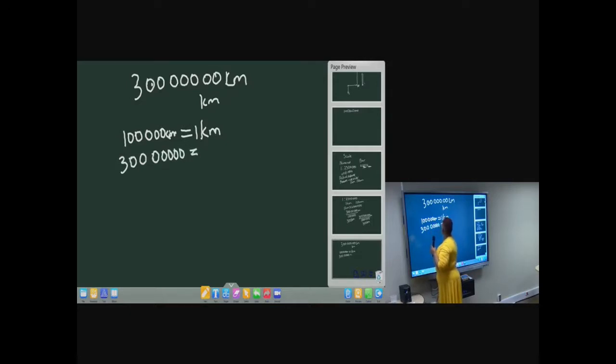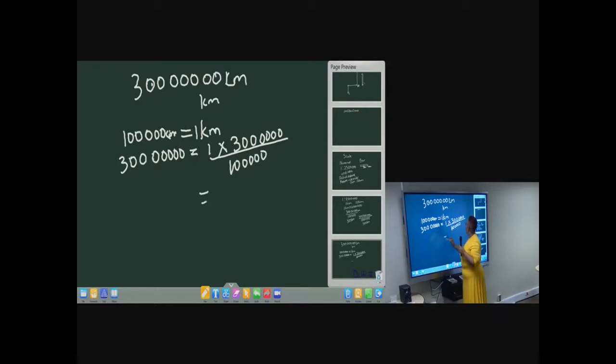It is just what I told you: what is on your right you multiply by what is at the bottom and divide by what is on top.